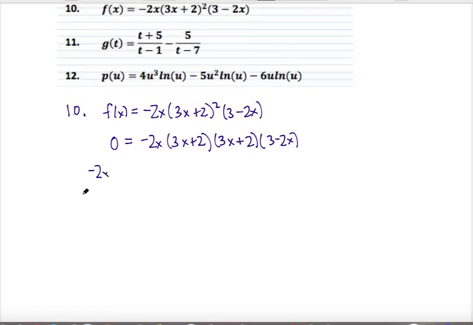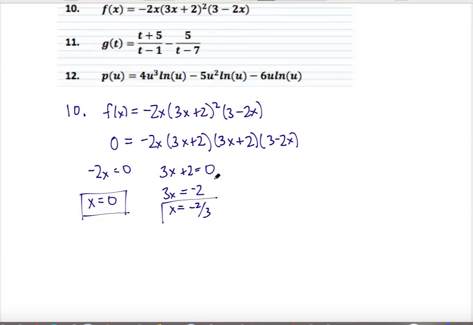If I set negative 2x equal to 0, then I would just say that x equals 0. There's one of my zeros. If I set 3x plus 2 equal to 0, then I would find that 3x equals negative 2 and x equals negative 2/3. I can skip a little bit of math here.